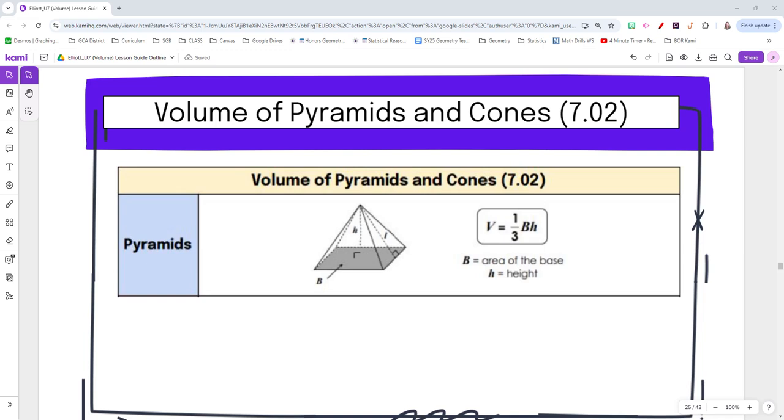To compensate for this decrease in our cross section, we are going to find the volume by multiplying the area of the base times the height, but then we are also going to multiply that by 1/3. So essentially a pyramid is going to be 1/3 of the volume of a prism with the same base.